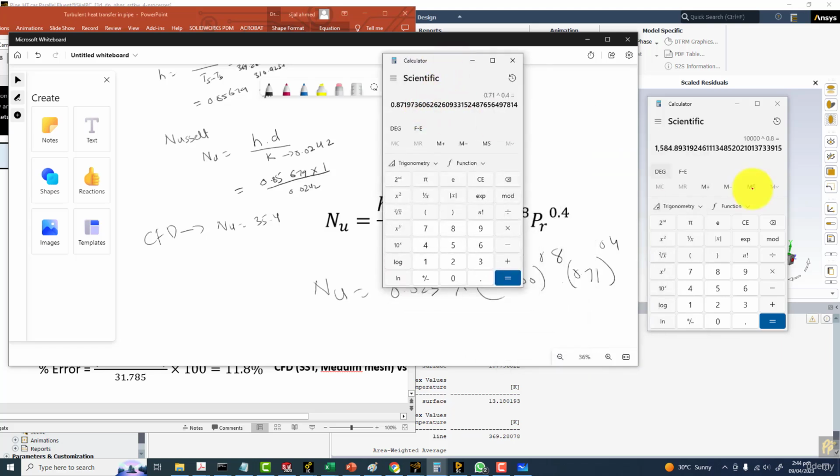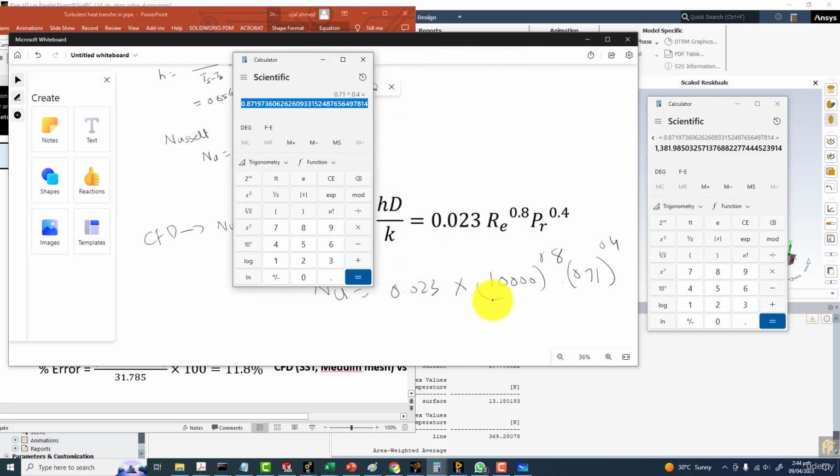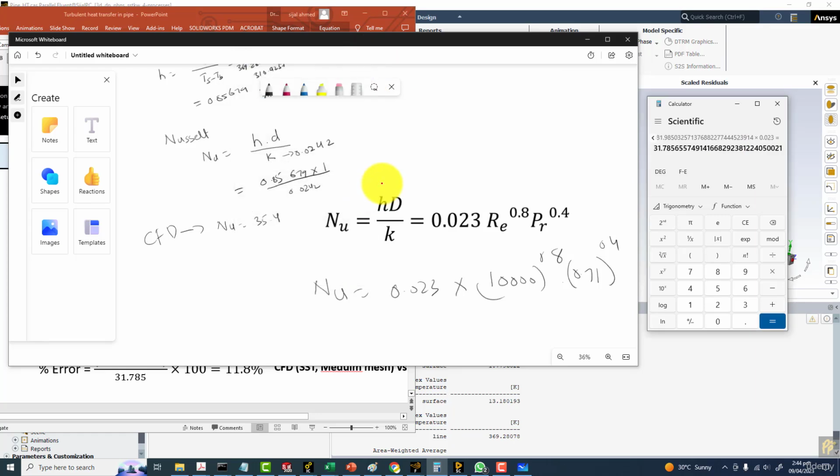Select all, copy and multiply here, and paste. This is a multiplication of these two terms, and now multiply with 0.023. So we get the value of the Nusselt number from the Dittus-Boelter correlation as 31.785.